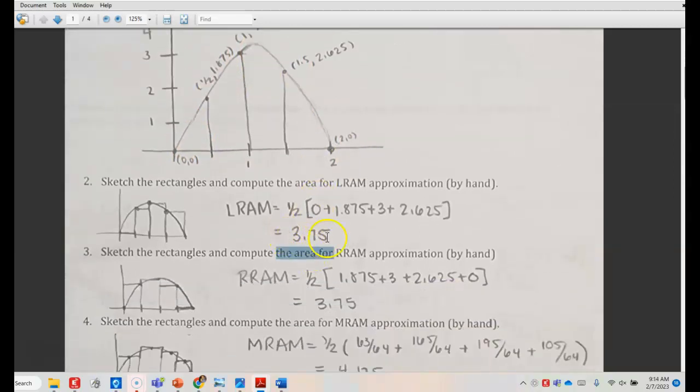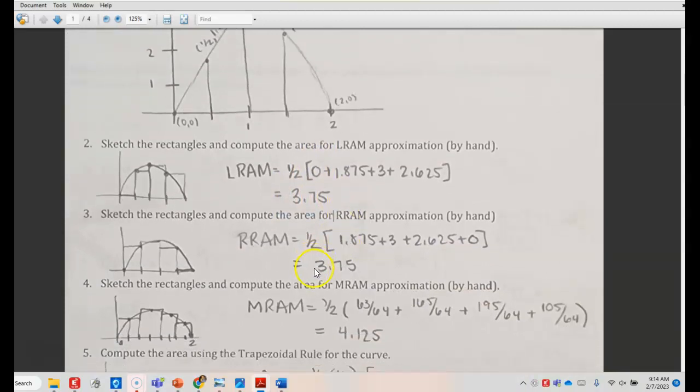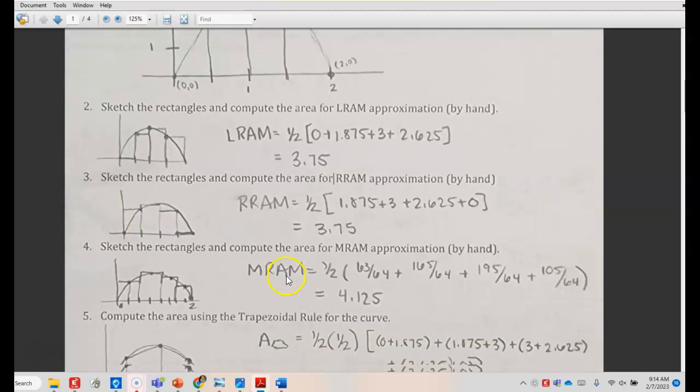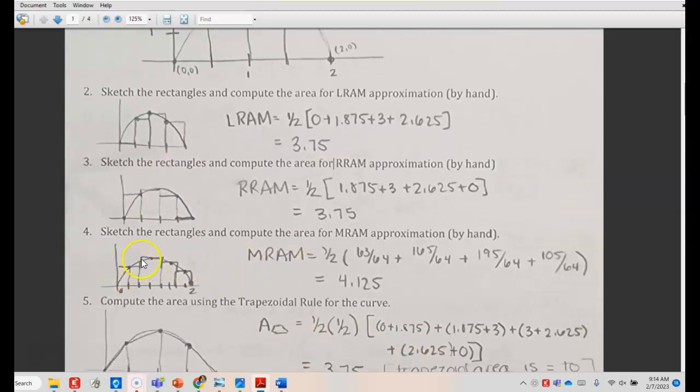Left RAM, you got 3.75. Right RAM, 3.75. Looking at left RAM, this one's really below, a little bit above, a little bit above. Because this graph is concave down and this whole segment is below, this is still going to be an underestimate. Same with here. MRAM, because most of these are more above than they are below, would be the overestimate.